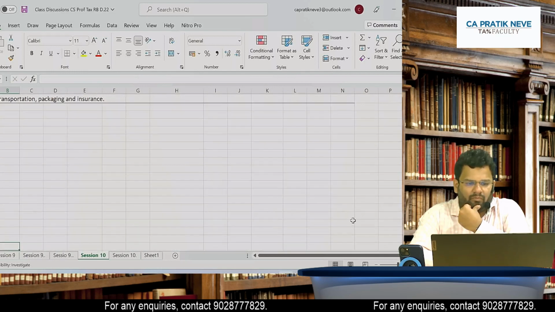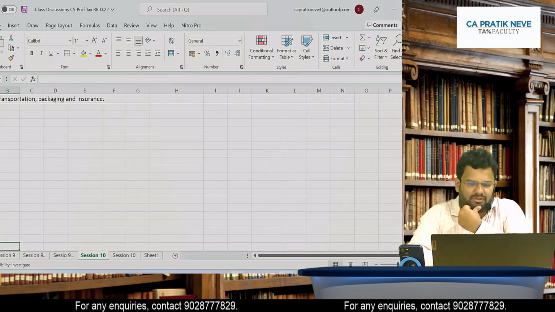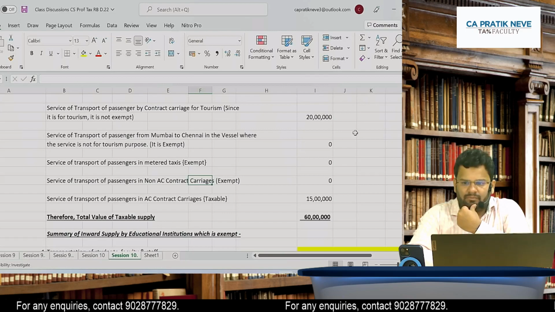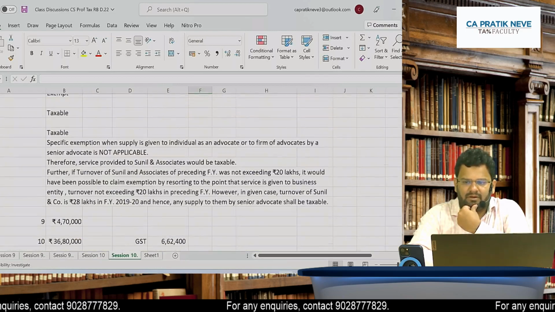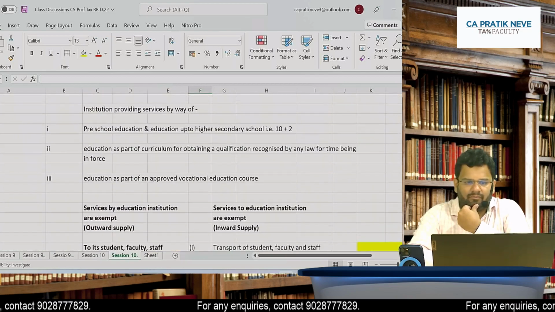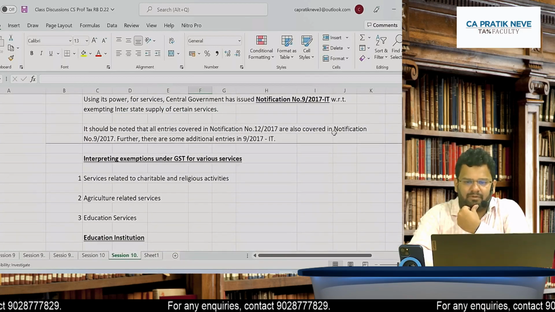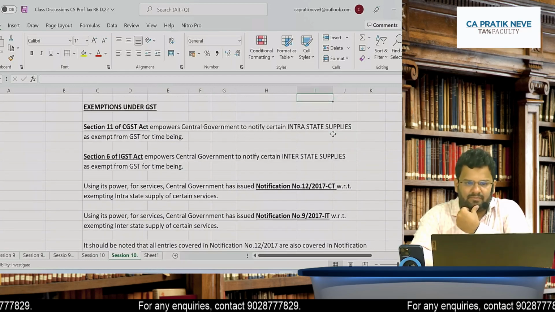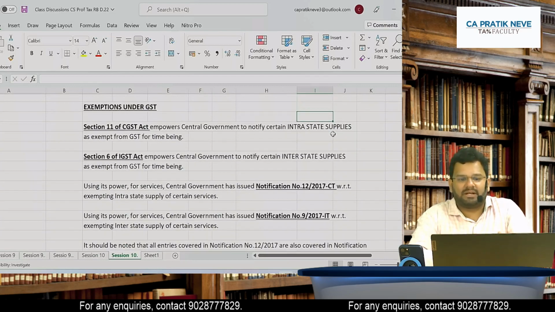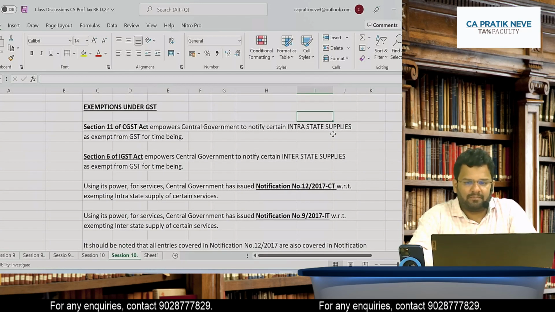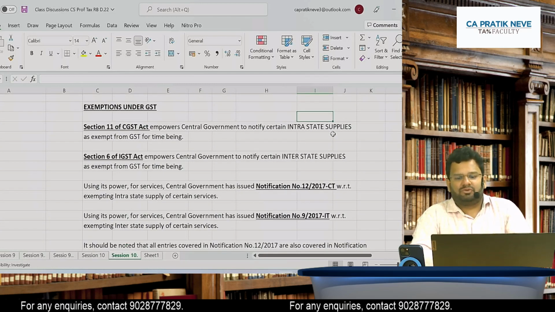Okay friends, let's go to exemptions now. What we are going to do in exemptions is step by step we will analyze every service that is important. So let's see.